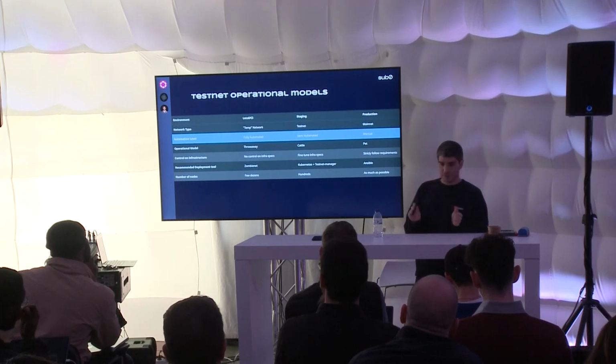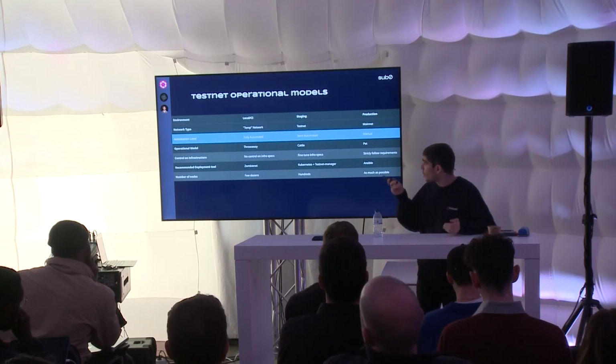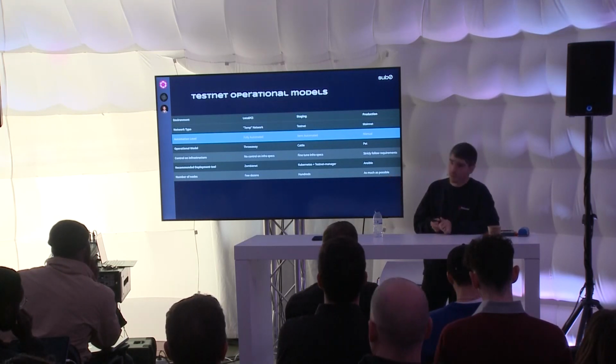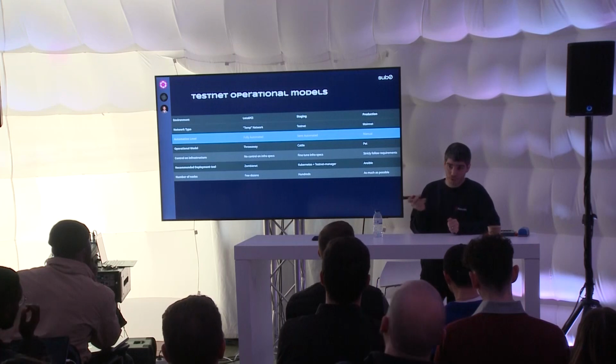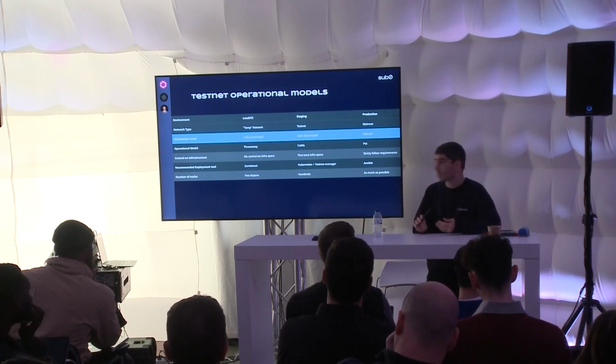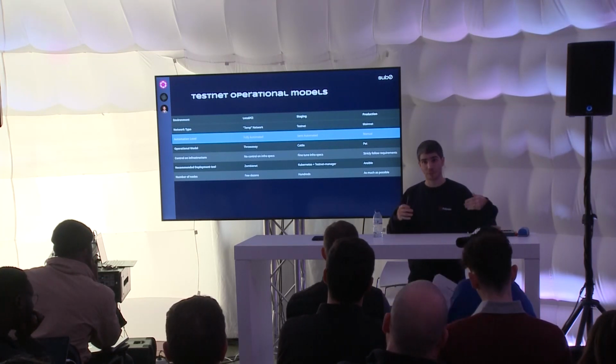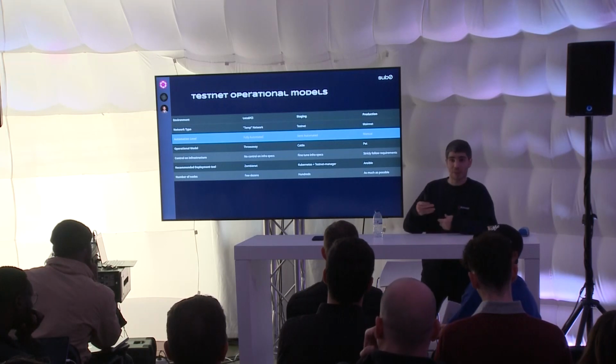So in terms of automation level, for these local CI setups, you should strive for full automation. But for staging, you actually don't want full automation. You would want something semi-automated, because you will want to be able to persist the network across upgrades.